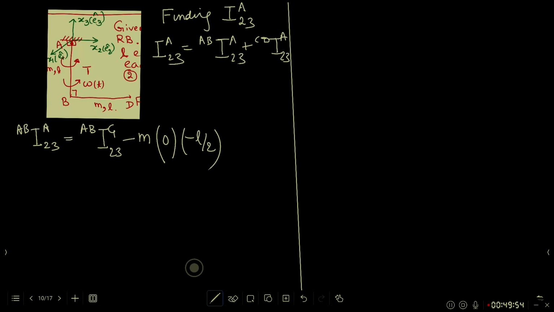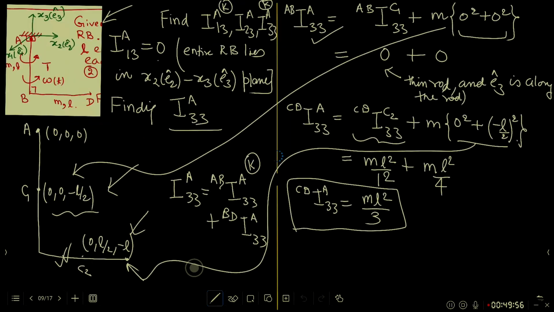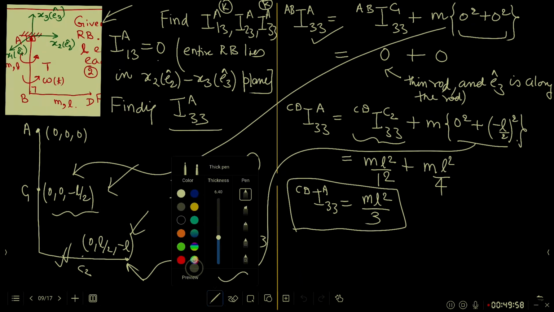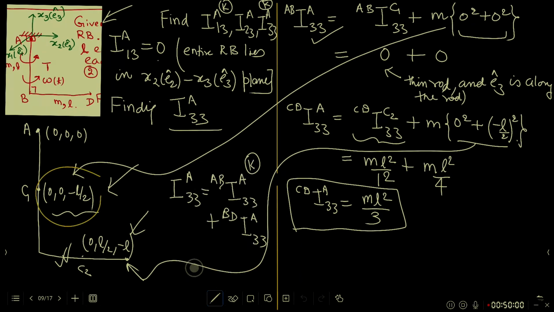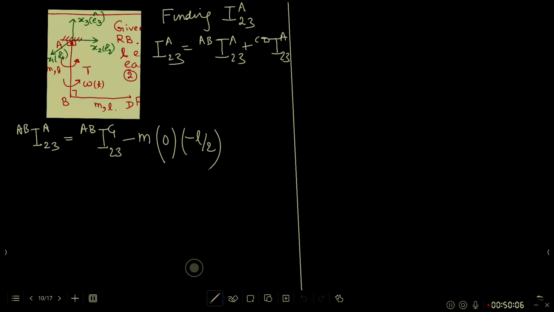So according to me, IA23 of AB is I23 of the same body at C1 minus m times 0 times minus L by 2, and so clearly this is not going to contribute anything. But then the question is, what is I23 of body AB about its own center of mass?